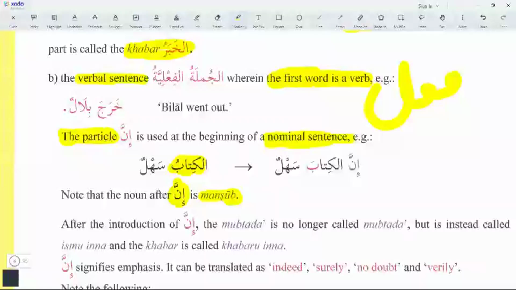Sahlun is its predicate, khabar. And when we use inna in a nominal sentence, then it will be al-kitaba. Innal kitaba.